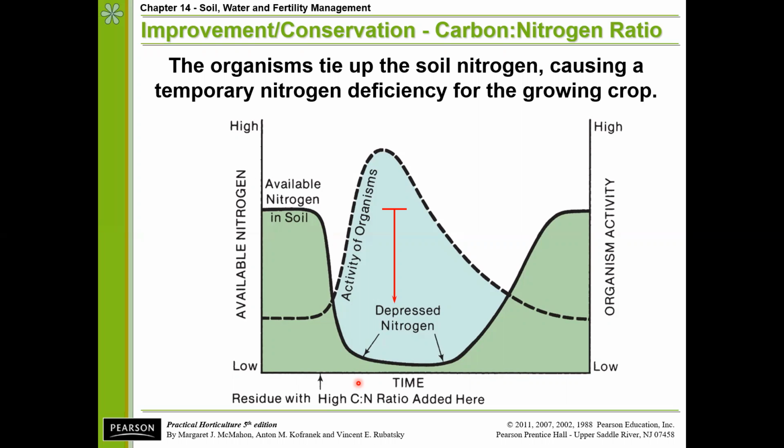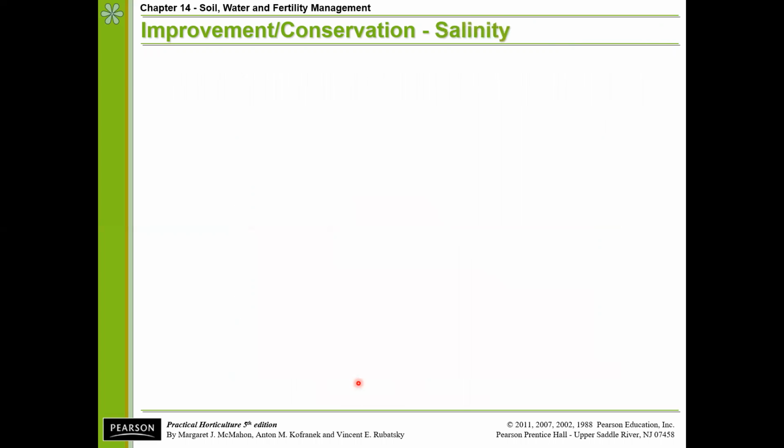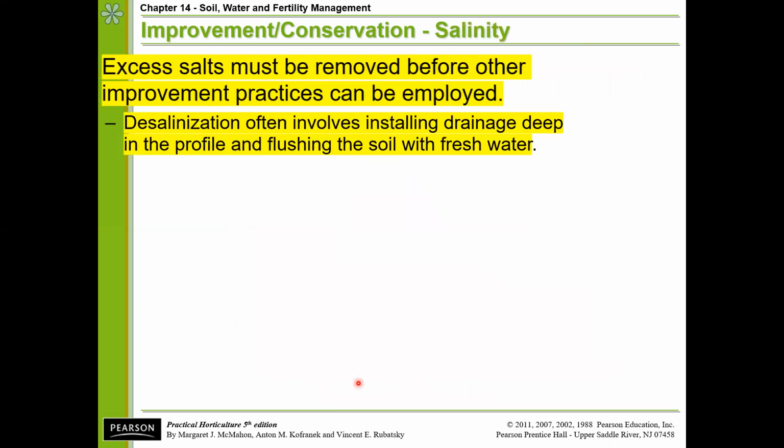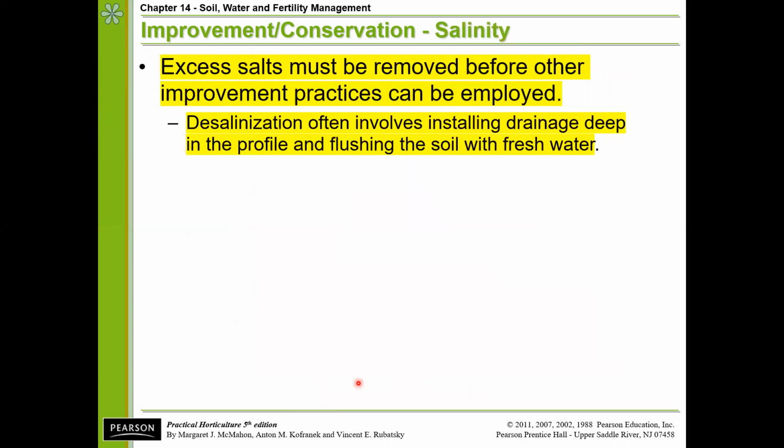How would you address that? One way you might address that is by adding nitrogen fertilizer, and there are many forms of nitrogen fertilizer out there. You could be adding manure, you could be tilling under or plowing under a cover crop. There are a whole lot of different ways to increase nitrogen, but probably the main way that we usually think about doing that is through adding a fertilizer.